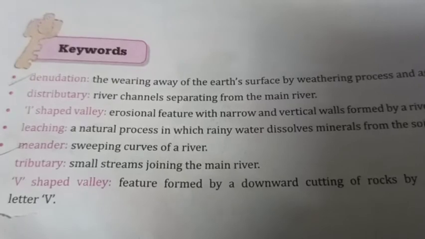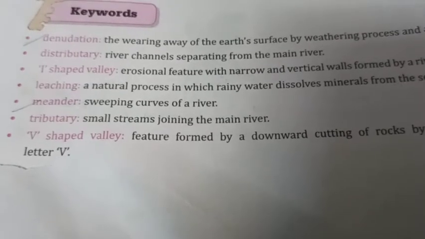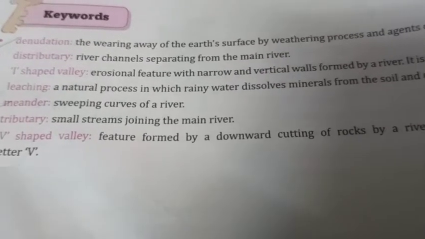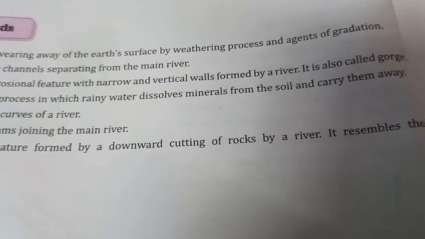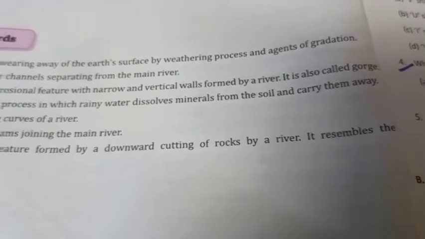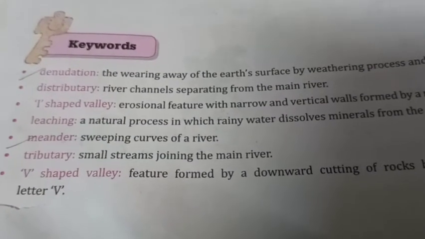Tributary means small streams joining the main river. Now comes V-shaped valley. A V-shaped valley is a feature formed by downward cutting of rocks by a river. It resembles the letter V. That's why it is called a V-shaped valley.